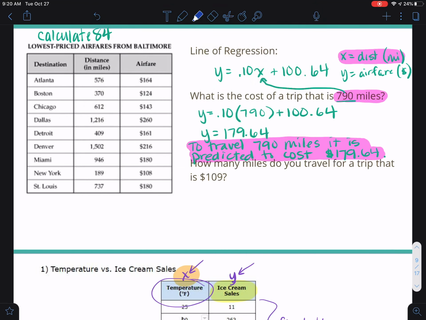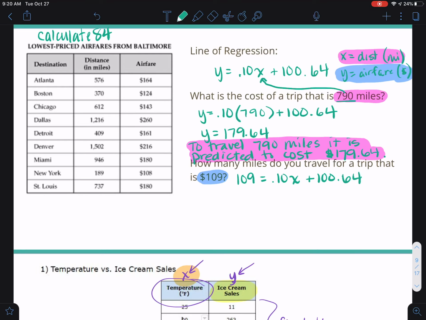All right, now, how many miles do you travel for a trip that's $109? So we know $109 is the airfare, and airfare is plugged into the y value. So I plug that in over here, and I don't know what x is.